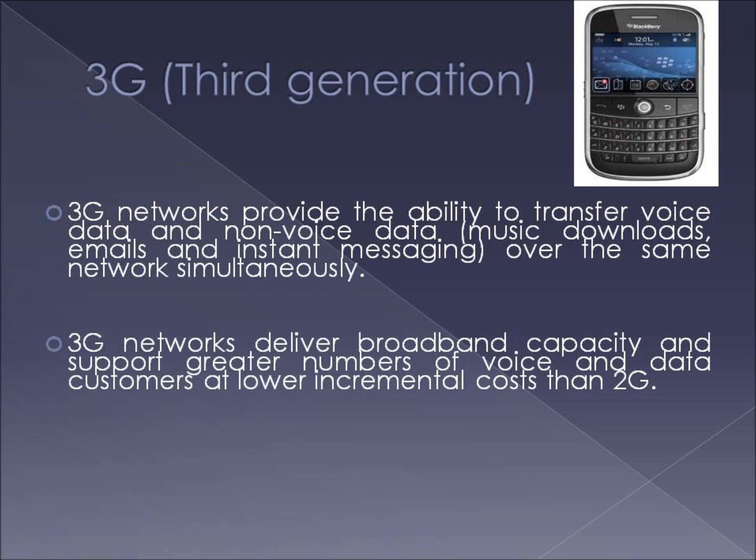We are talking about music downloads, electronic mail, and instant messaging, which were possible because of 3G technology. The 3G network delivered broadband capacity and supported greater numbers of voice and data customers at lower incremental cost than 2G.